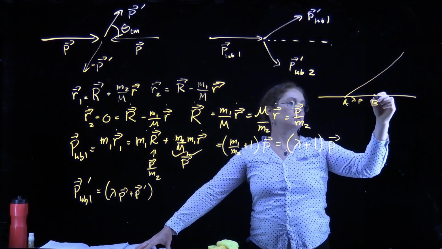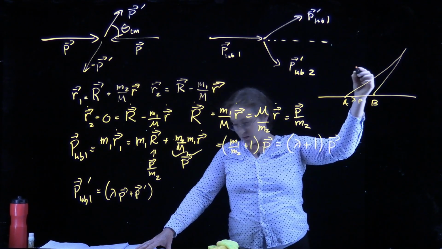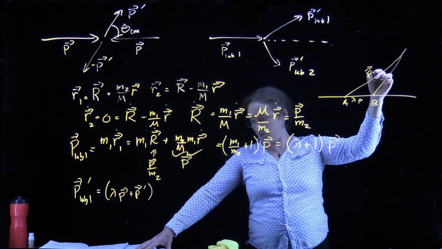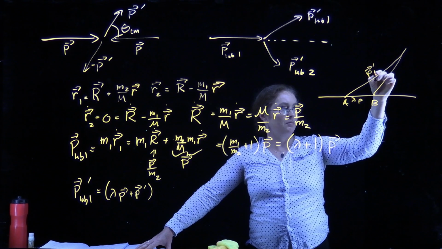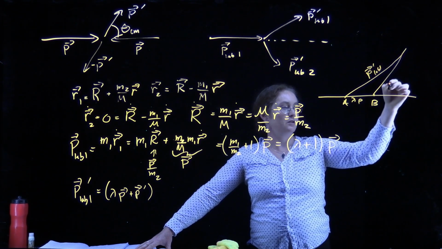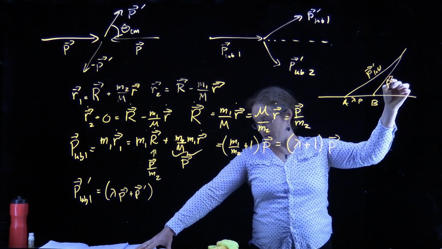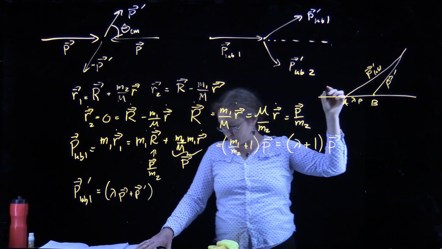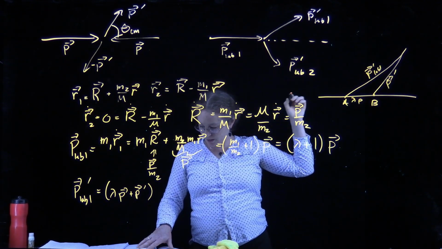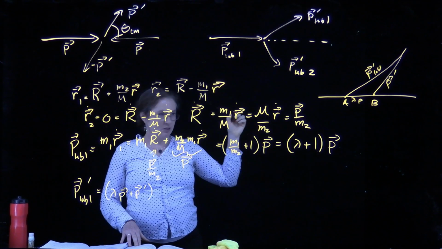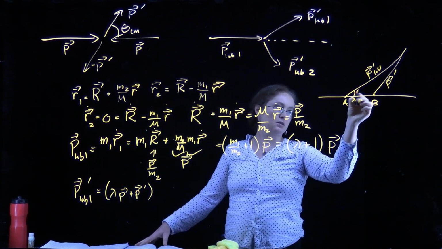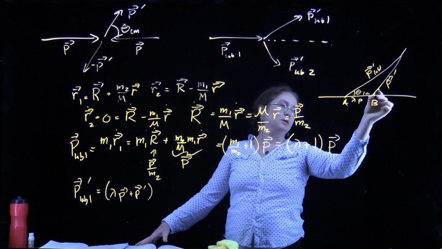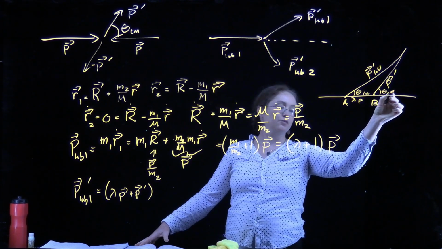These are the sums of the momenta. P prime lab 1, p prime, and this is theta lab, this is theta center of mass.